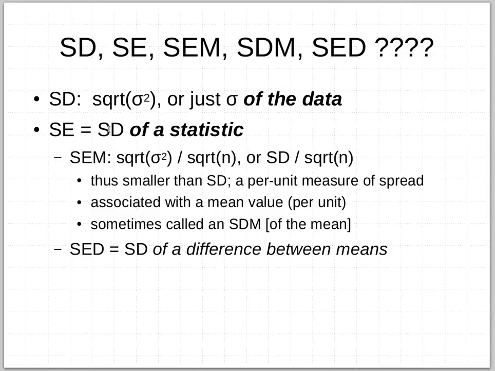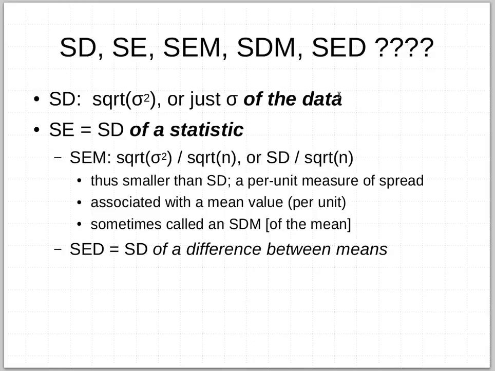So a standard deviation of a statistic is calculated the same way as a standard deviation of the data might be calculated. So in other words, a standard error of the mean, sometimes also abbreviated as an SEM, is the square root of the variance, but then it's divided by the square root of n, the number of points, which is another way of saying the standard deviation divided by the square root of n.